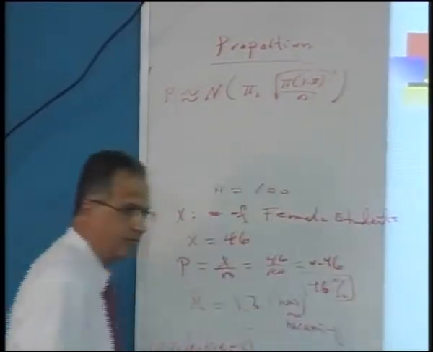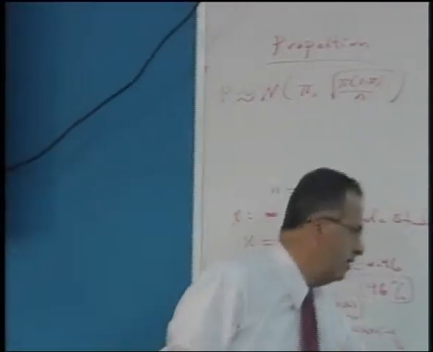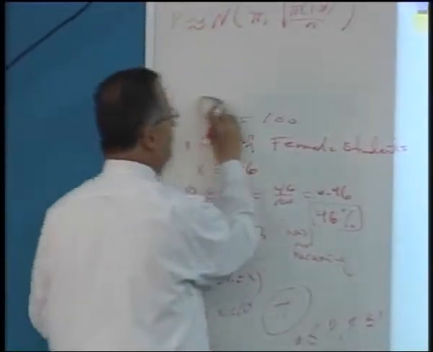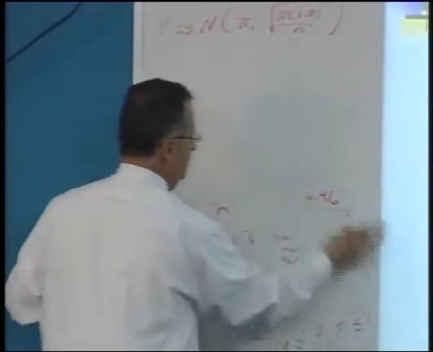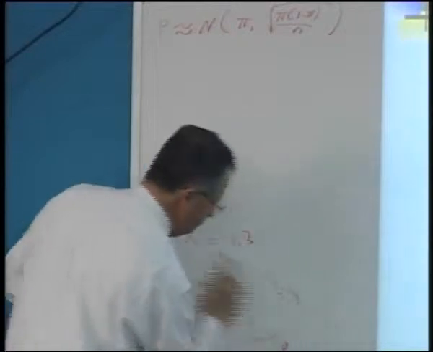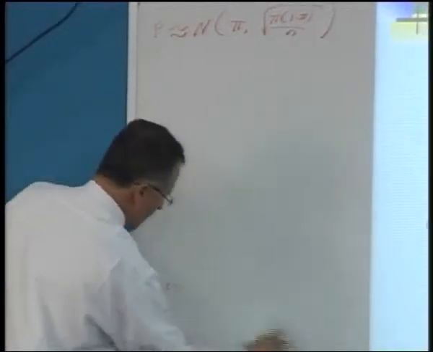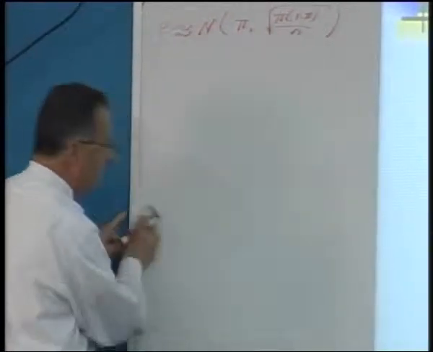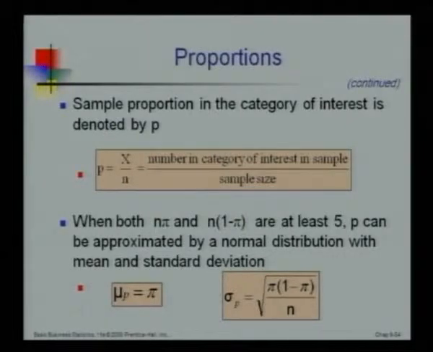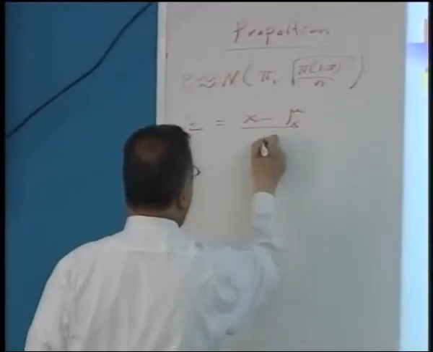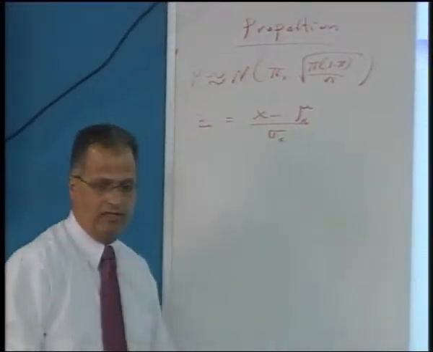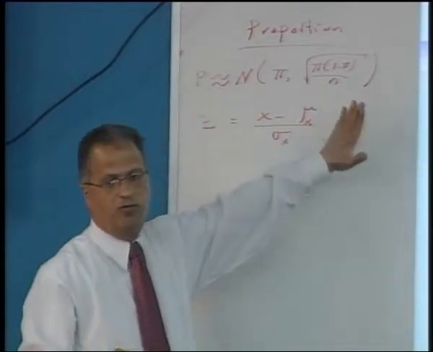Now, based on this sampling distribution of P, what's your Z statistic? As we mentioned in chapter 6, the standard formula for the Z statistic is x minus the mean of x divided by sigma of x. This is the standard formula for the Z-score.